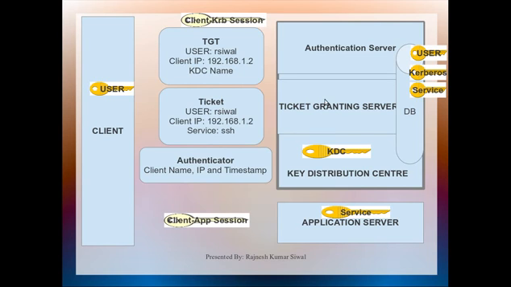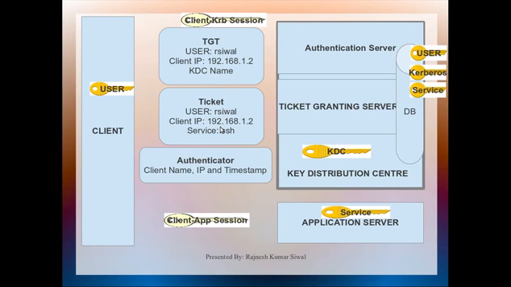So after it has checked the identity and made sure that the user has access to the service, it creates a ticket. This ticket granting server creates a ticket which will consist of the details: user, IP address, and the service that the client is trying to access, in case he is allowed access for that. So it creates a ticket.